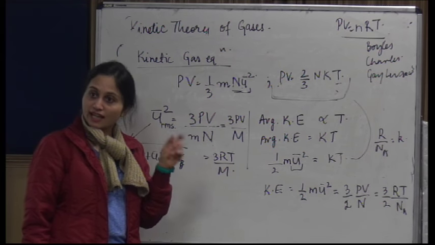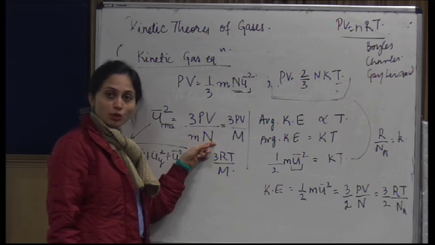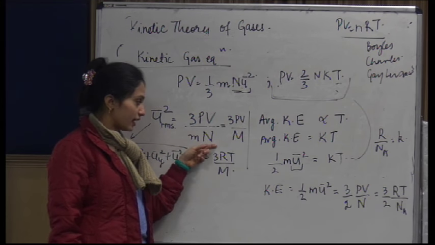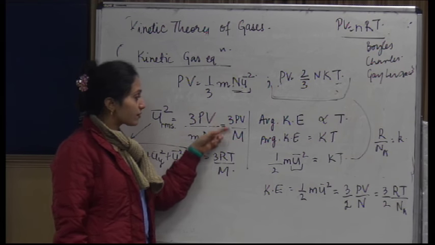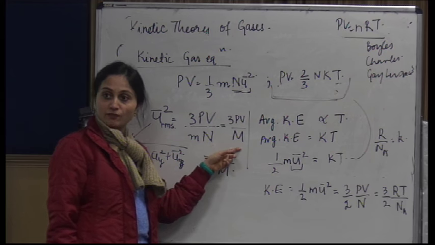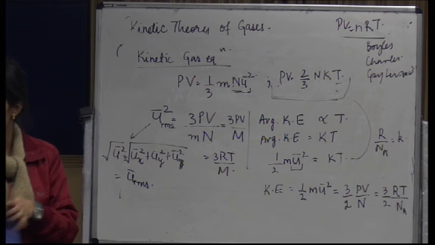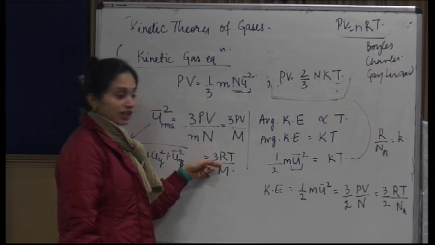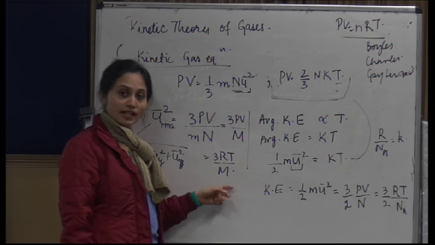I can take n to be equal to 1 mole, and whenever I take 1 mole, my number of molecules becomes equal to the Avogadro's number. So that becomes m into Na as soon as I substitute it with RT. So that becomes equal to 3 PV by capital M, which is the molar mass of the gas that you are talking about. Now PV can be straight away replaced by RT. So 3 RT by M.